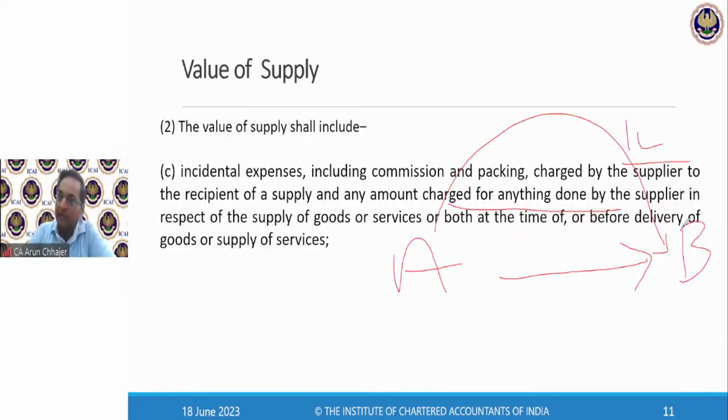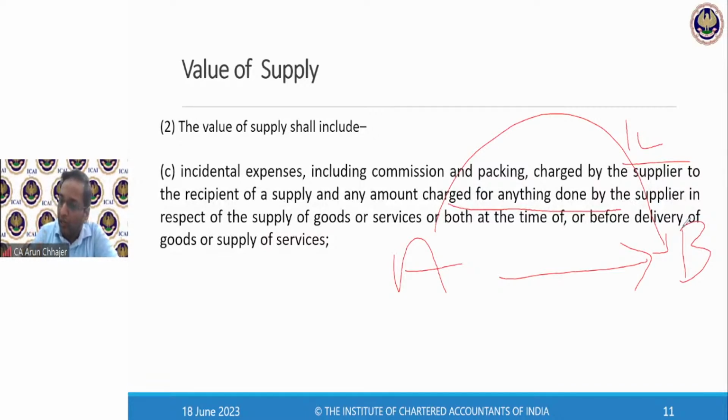As per the request of Mr. B, he is saying to Mr. A, kindly arrange the transportation, kindly arrange the special packing. Whatever you incur, please add in the invoice. I will pay you.